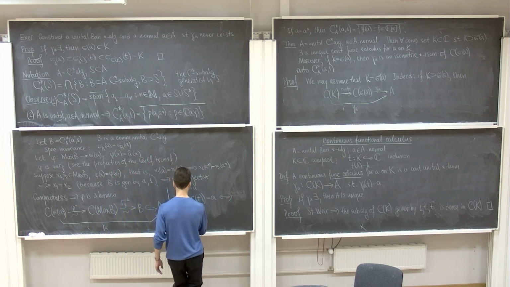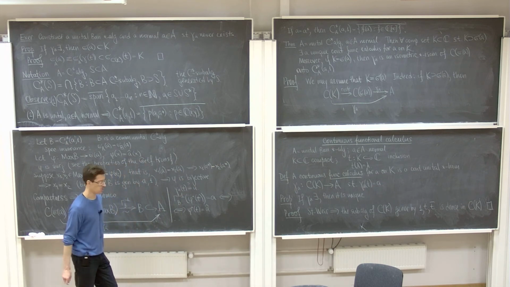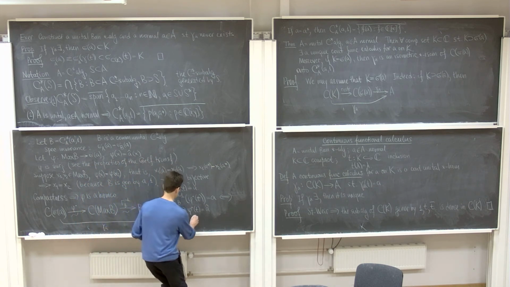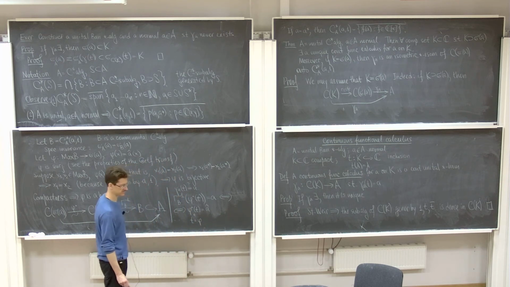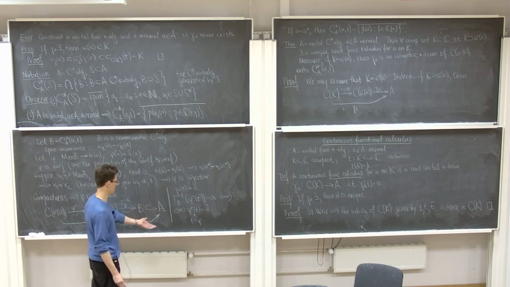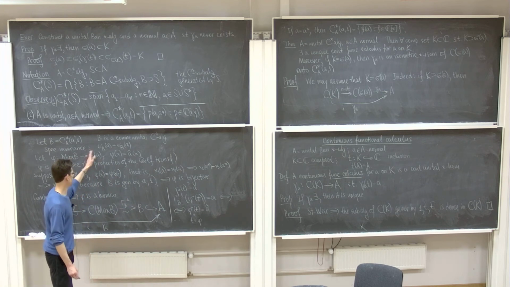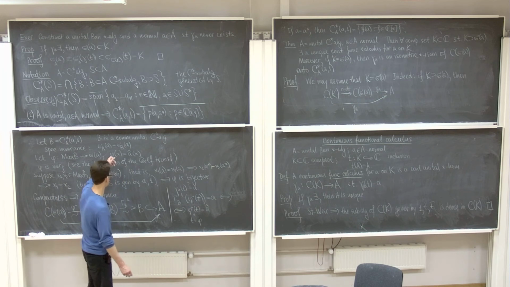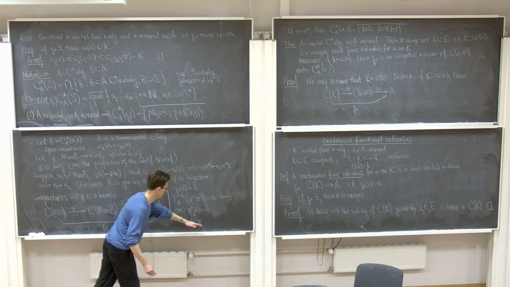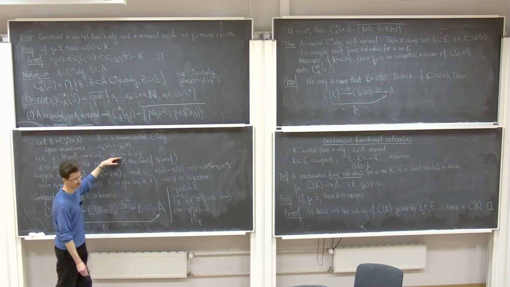So this is equivalent to the following equality: phi dot of T equals A hat. But what is phi dot of T? This is the composition of T and phi. And T is just the inclusion map of sigma of A into the complex plane. So if we now recall the definition of phi, we see that this equality is true by the definition of phi.